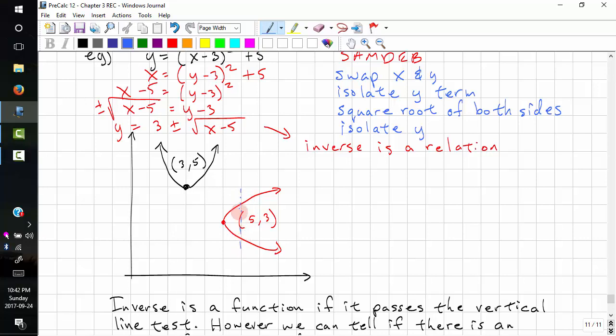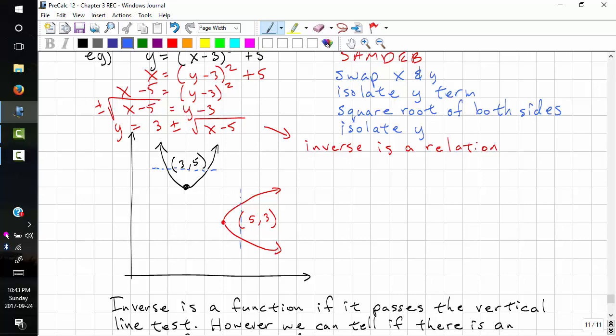This goes through 2 points, so it's a relation. Now, if we consider this vertical line as the image, the pre-image is this horizontal line. So if we want to determine if the inverse of a function is going to be a function or a relation, we just do a horizontal line test. This is passing through 2 points, so even without graphing this, we can tell that the inverse is going to be a relation.